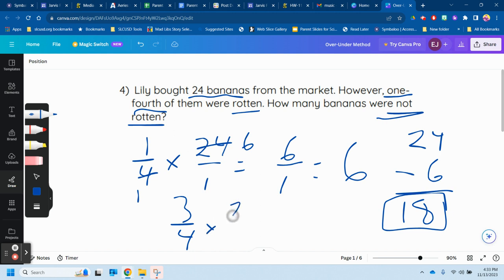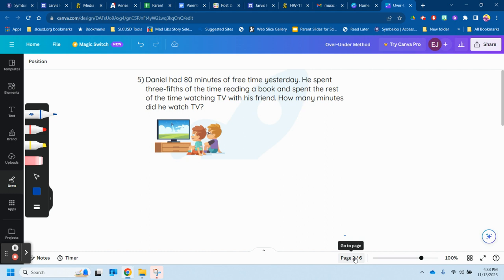And I could cross cancel the same, and I would have got 18 ones, or 18, right here. But either way, I get 18. Okay? So that's number 4. 18 bananas were not rotten. 6 were rotten. Probably should get a refund on that.